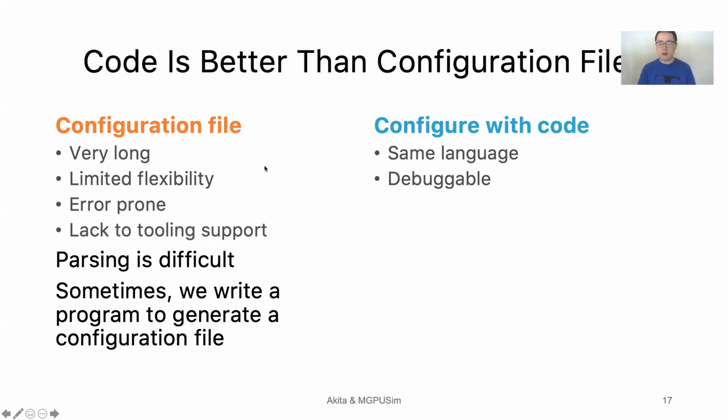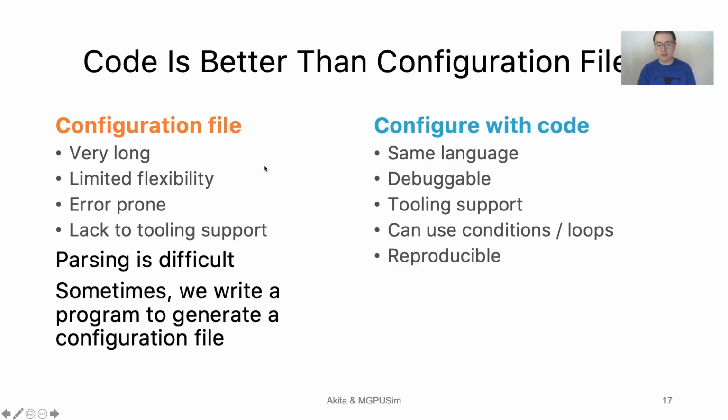And it's even debuggable, so that we can use a line-by-line debugging tool to see what is going on in this configuration code. We also have nice tooling support: syntax highlighting, debugging tool support, and we can even profile the configuration. We can also use conditions and loops, which significantly simplify the configuration process.